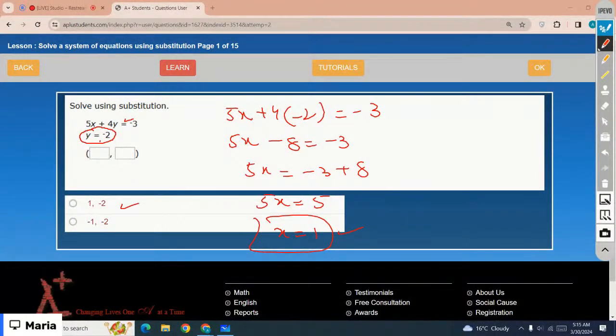That is a solution of the system of equations, right? The correct option is 1 and negative 2. Got it? You can have a look at the question. If you have any questions, please ask. I'm here to answer all your questions and confusions if you have any.